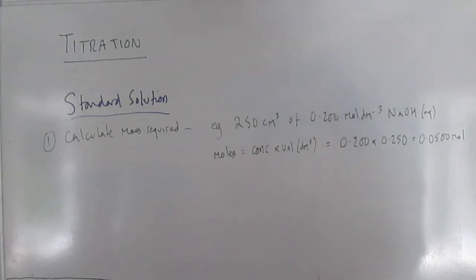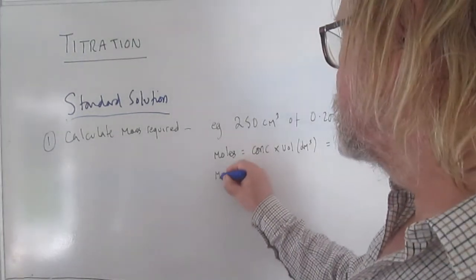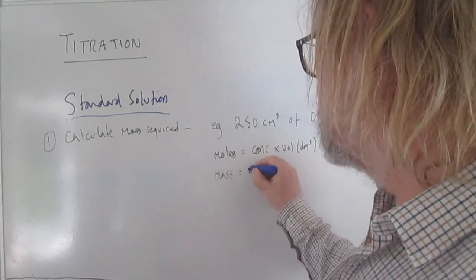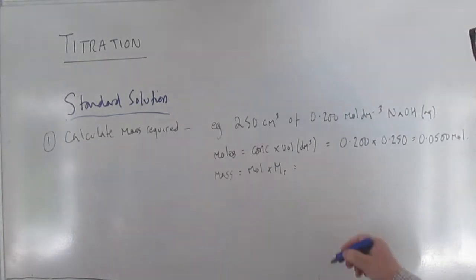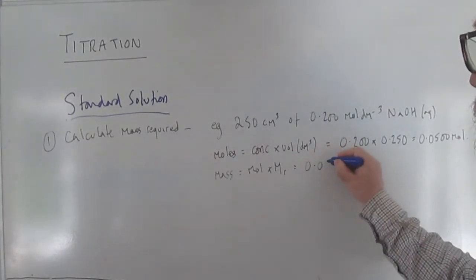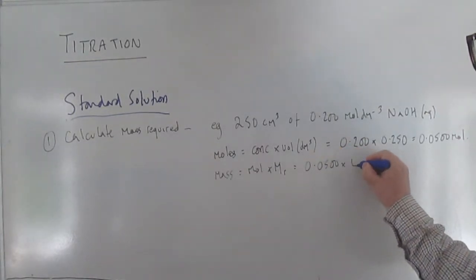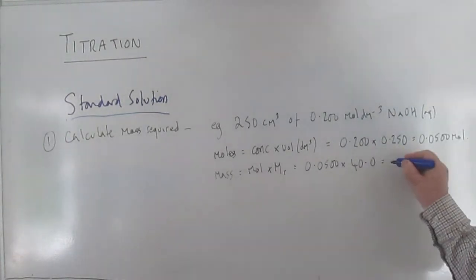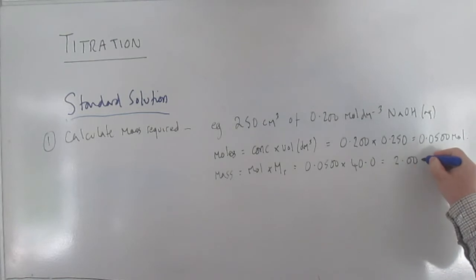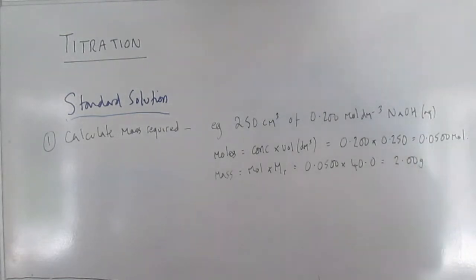And then we turn that into a mass. Here's moles times Mr, which is 0.05 times 40.0, which is the Mr of sodium hydroxide, which is 2.00 grams.